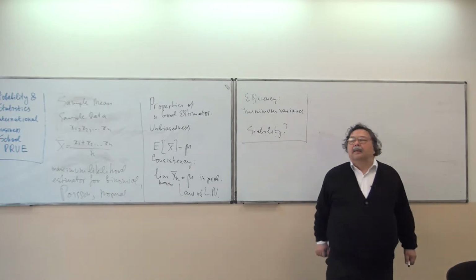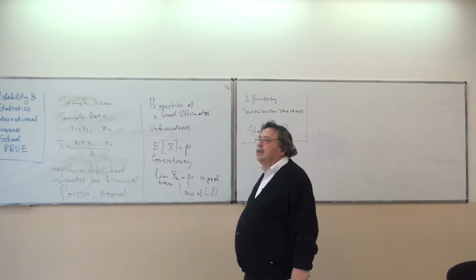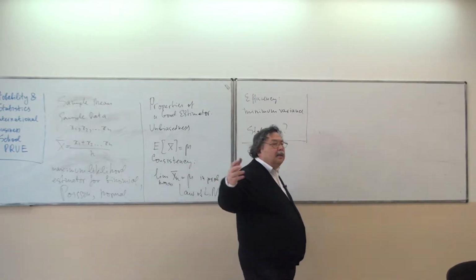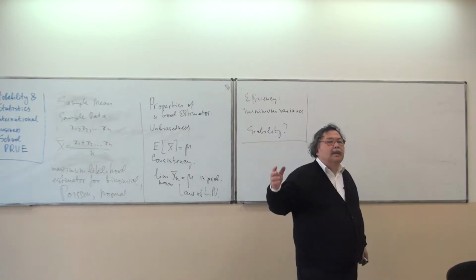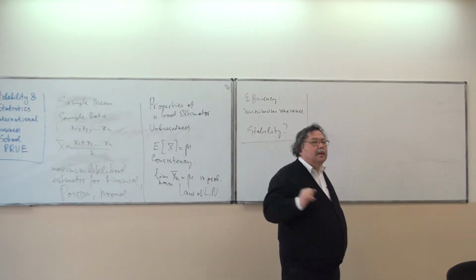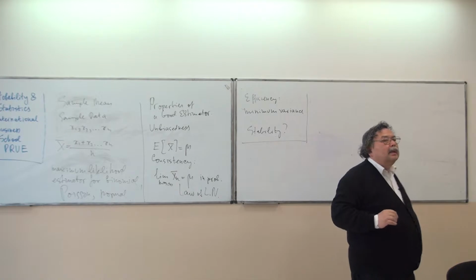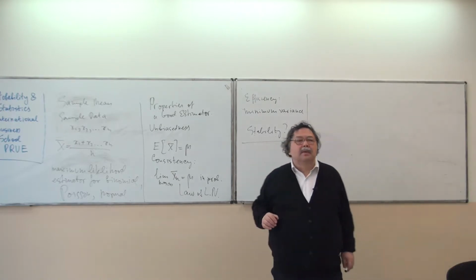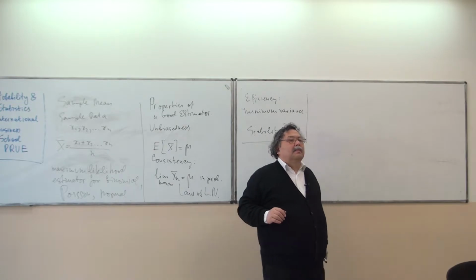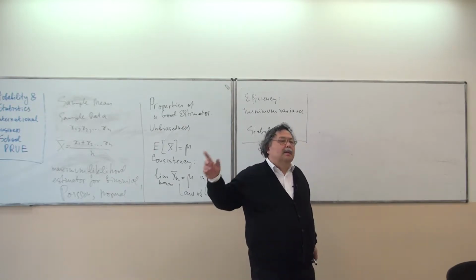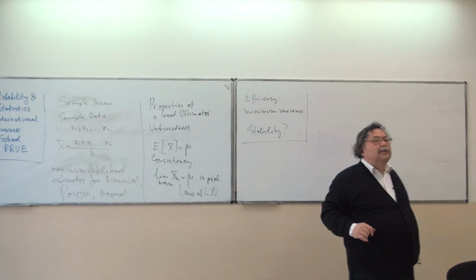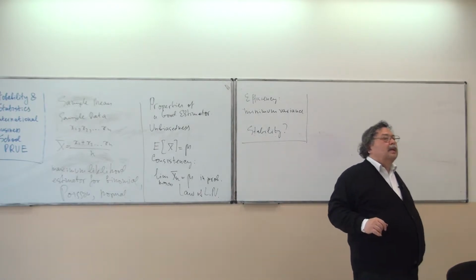Suppose you're interested in estimating the mean individual income in a certain population, in a certain city. And you conduct a survey and estimate that the mean value of the monthly income in this area is 45,000 rubles.